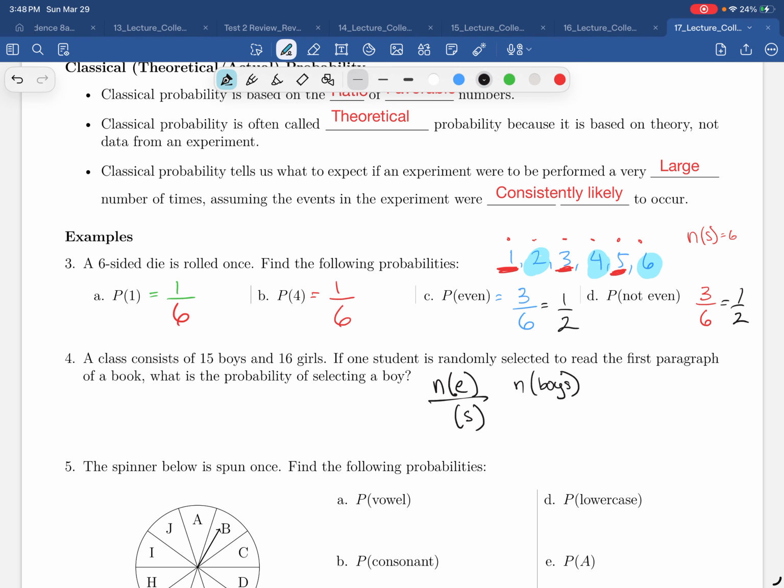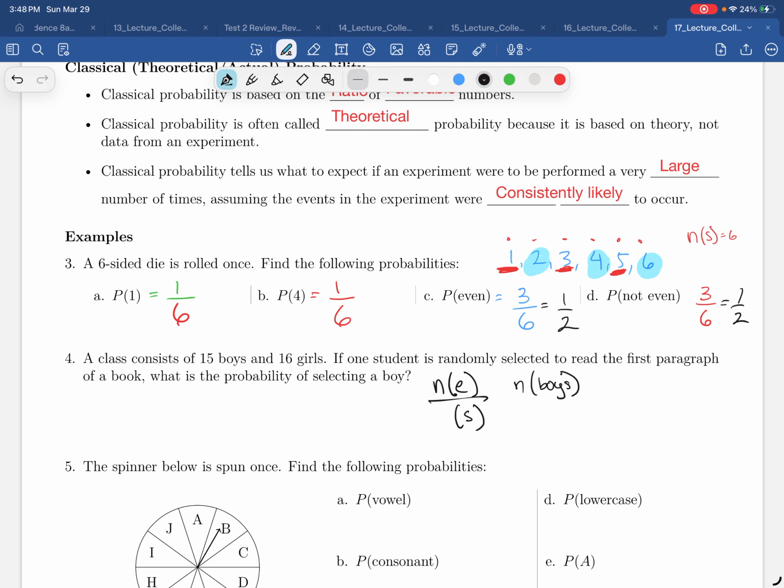Well, we have 15 boys and 16 girls. That makes for a total of 31. That means that in our sample space, there would be 31 and 15 of them are boys. So 15 out of 31. This number won't reduce. Let's call it good. We'll box it and be done. You could change it into a decimal, but it's not a very nice decimal. So I just leave it.